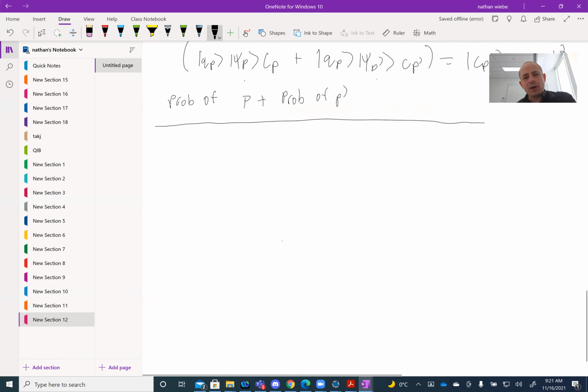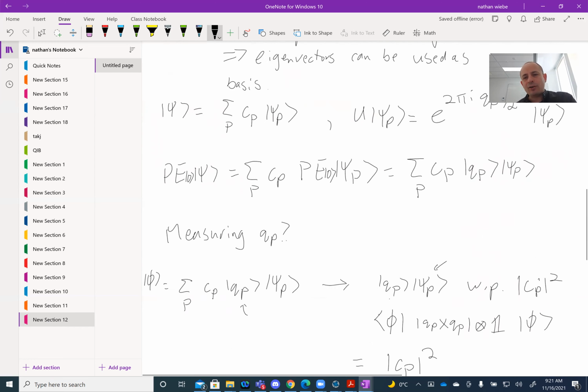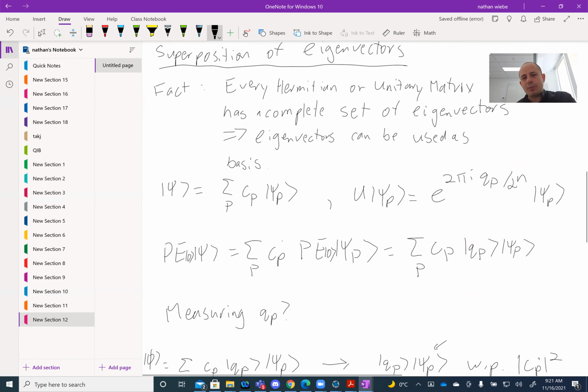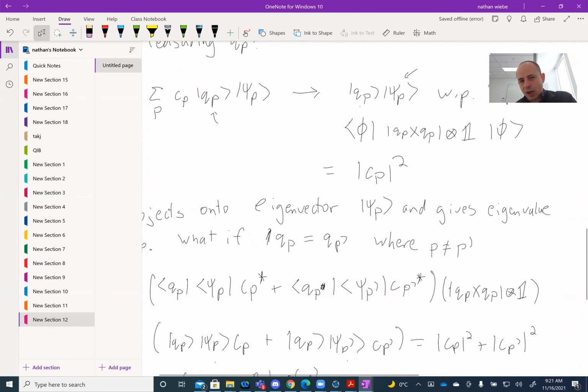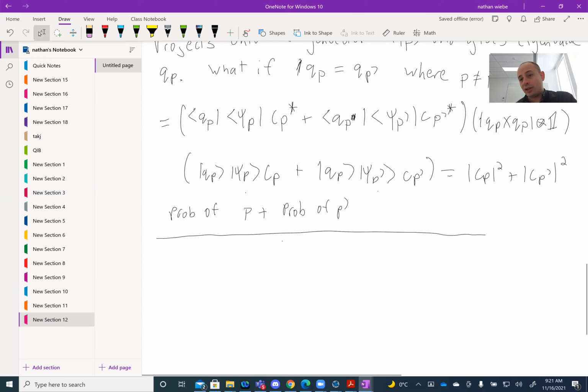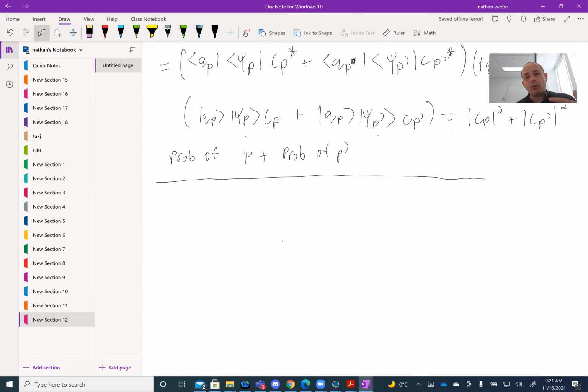If you understand anything about this, understanding the argument up through this point is essential. This part over here is icing on the cake, just to understand what happens in the case where q_p is not in Z.